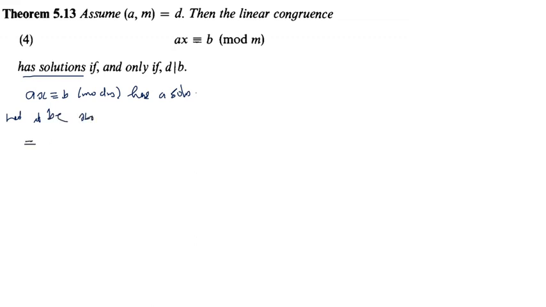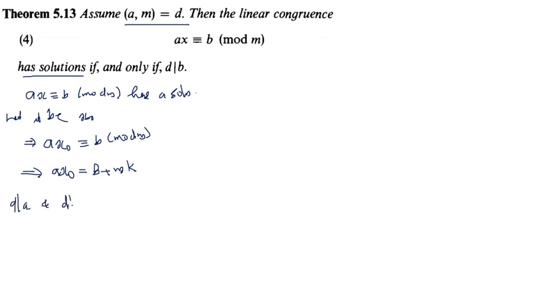Then x naught also satisfies the congruence, that is ax naught congruent to b mod m. That means ax naught can be written as b plus mk for some integer k. And since GCD of a and m is d, we can say that d divides a and d divides m.